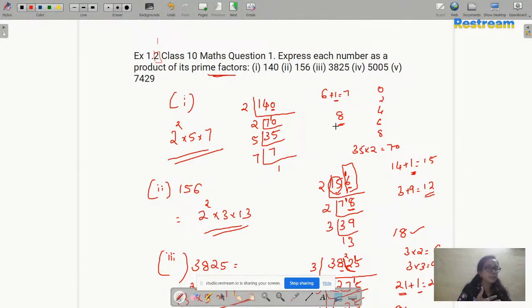The next prime number is 5. For 5, you know the ending number is 5. Next one, 7 also, you want to check it. But 11, after 5, 7, 11, there is a divisibility test. You know what the divisibility test for 11 is? It will be coming next, then I'll do that.